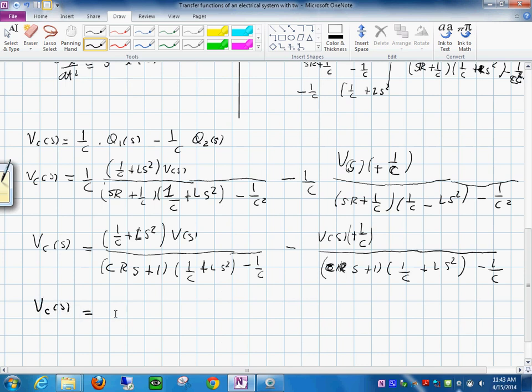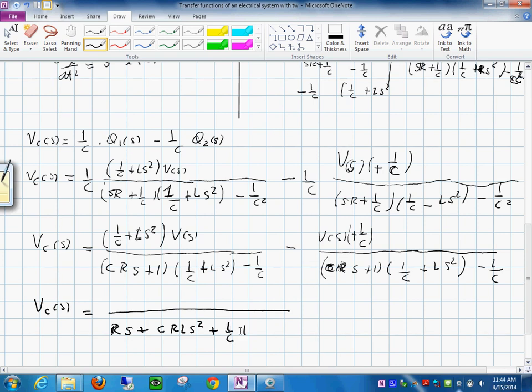V of S is equal to a denominator that is going to be R times S, because the C gets eliminated when we multiply this. And then you have plus C times R times L times S squared plus 1 over C, right?